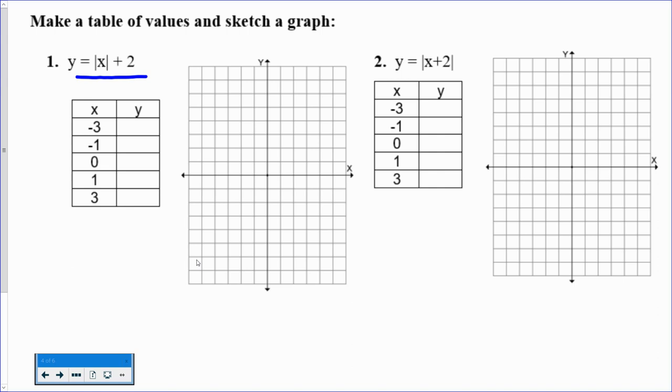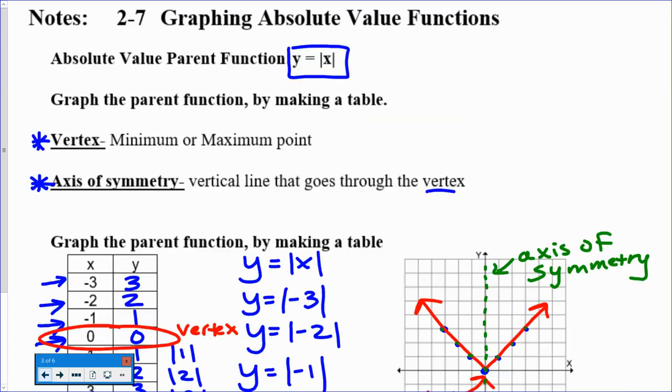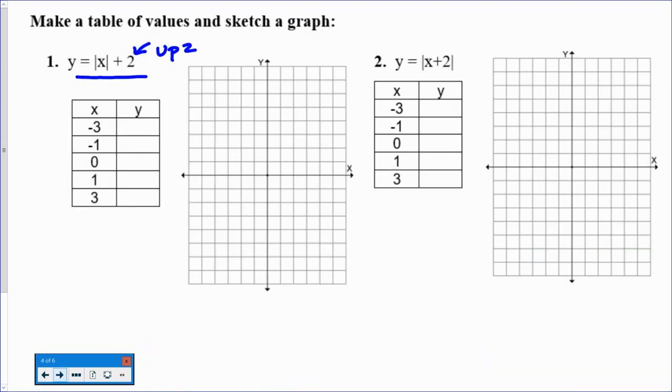The hope is that right now when you look at that and it says the absolute value of x and the +2 is at the end, you know that means this graph is moved up 2 from that parent function that we just drew. So that would be shifting everything up 2, and then we'd have that V-shaped graph. That's what it will look like after we make our table. But if you already have that understanding, it'll definitely help you know if you made any mistakes in making the table and the sketch.